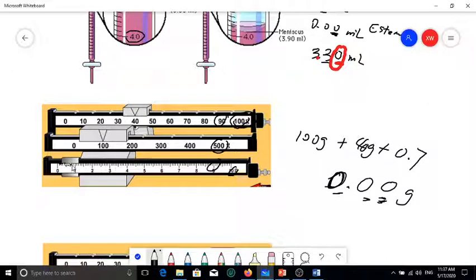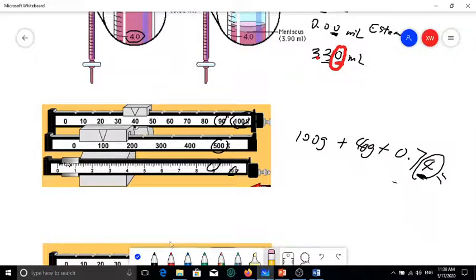Now it's not quite 0.8, so it's between 0.7 and 0.8. You can estimate to be, let's say, 4. So this 0.74, the second decimal 4, is the estimate. So the total number is going to be 140.74 grams.